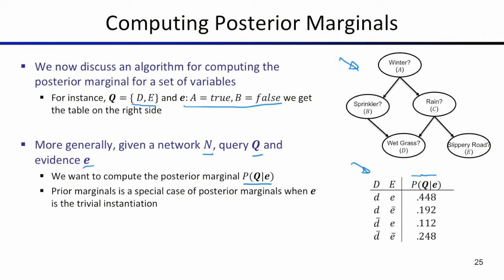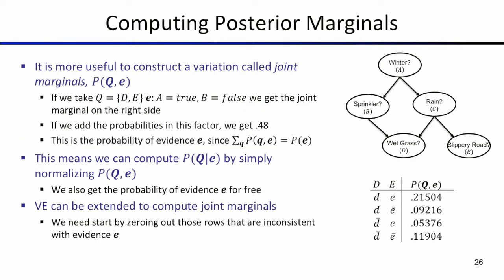Compared to what we have done before, that was computing the prior marginals, we can understand that the prior marginals we had before are a sort of special case of the posterior marginals when E is the trivial instantiation. But we're going to use a little trick here. Instead of computing those posterior marginals, we're going to compute something similar, called the joint marginals, that is the probability of the query and evidence.